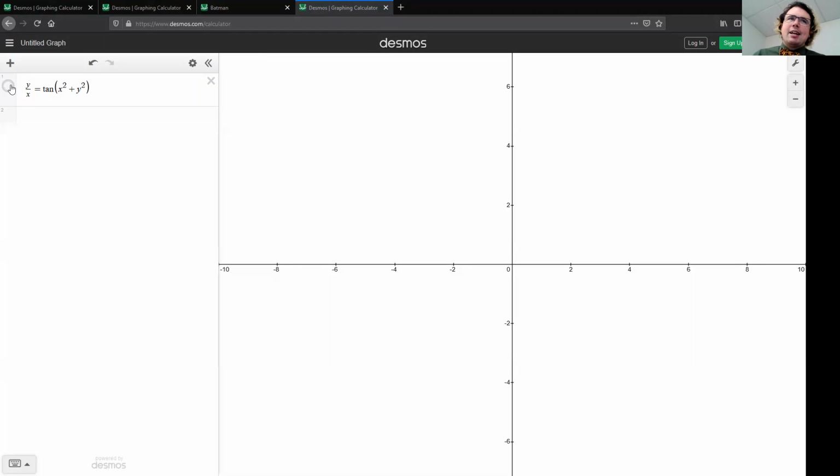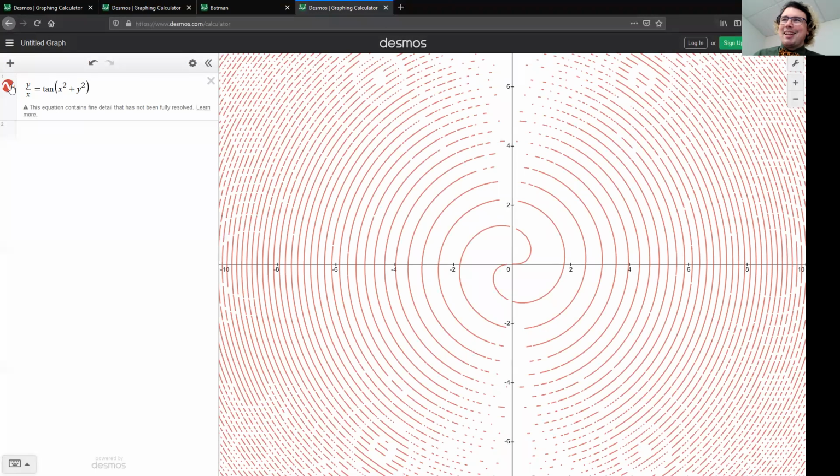So let's go ahead and take a look at this curve. We get a very interesting picture here, sort of a double spiral shape. In fact, this is something that even Desmos is struggling to graph and show us properly.